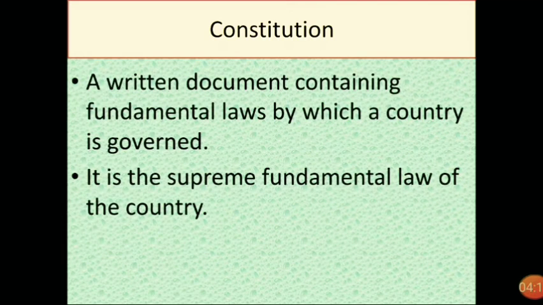Constitution is a written document which contains fundamental laws by which a country is governed. So whenever a question is asked regarding constitution, many children are giving different views. Some are saying it is a book. Some are saying it is a rule, it is a law.